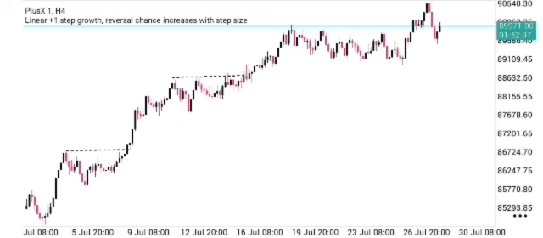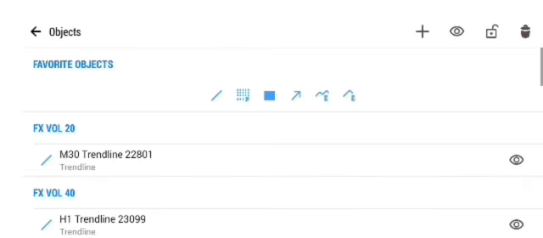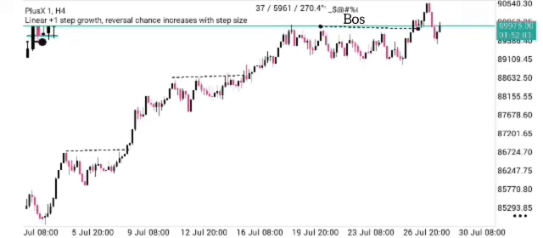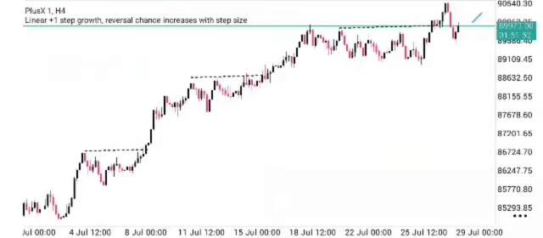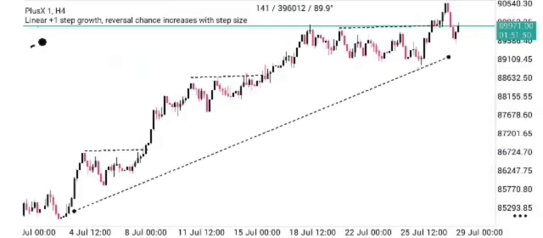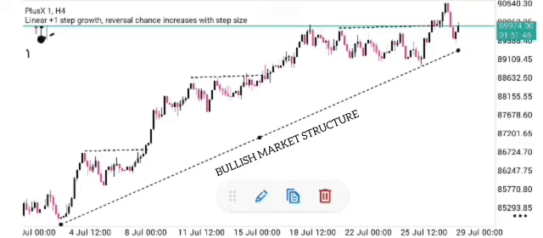Market has been breaking structures to the upside, break of structures here. I'm just giving you guys an idea of how we find the market direction. You can see the market is going up, it's very clear. The market is bullish, as you can see.